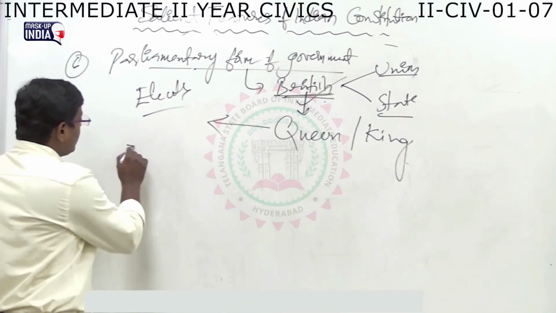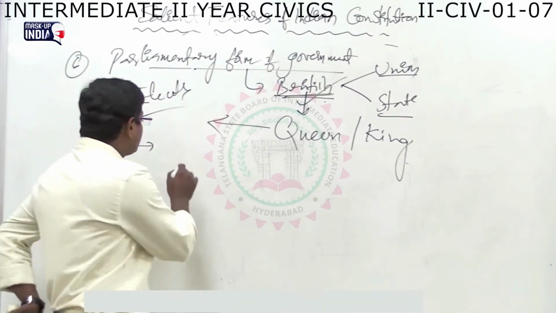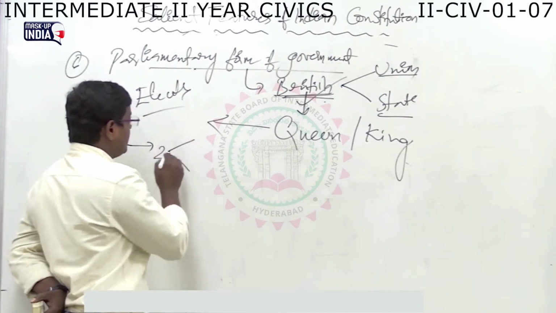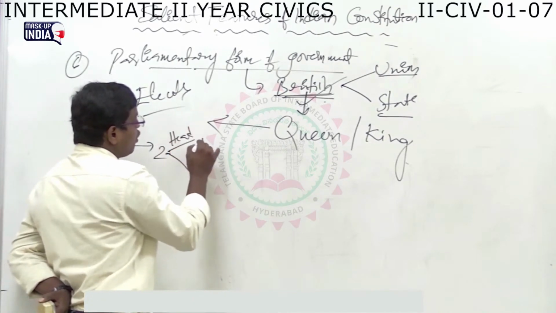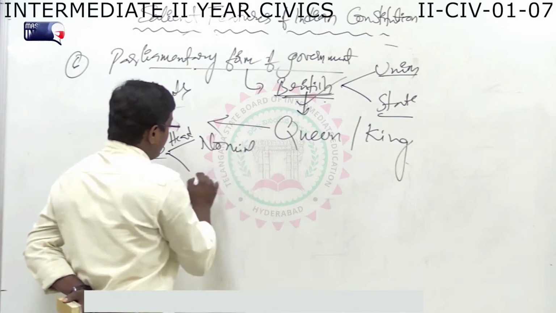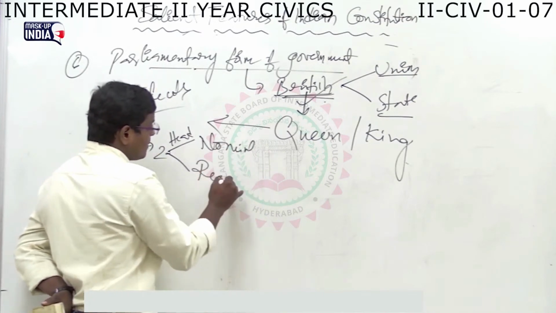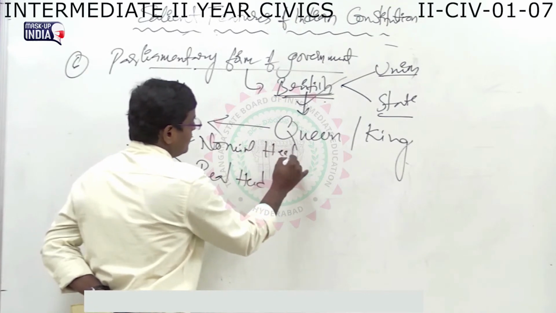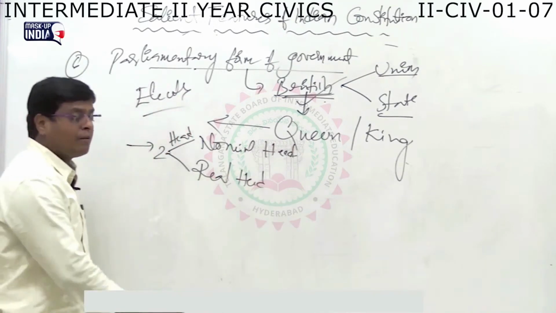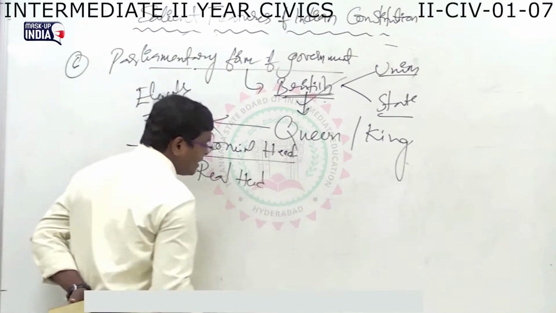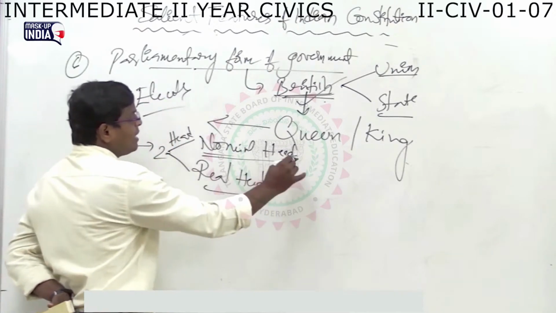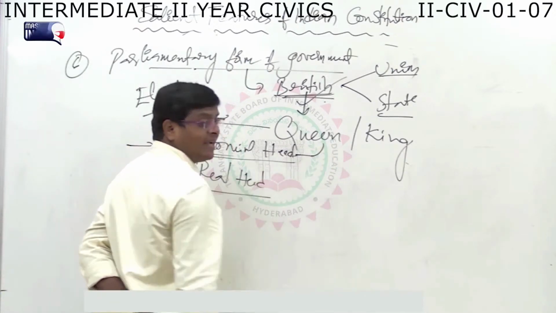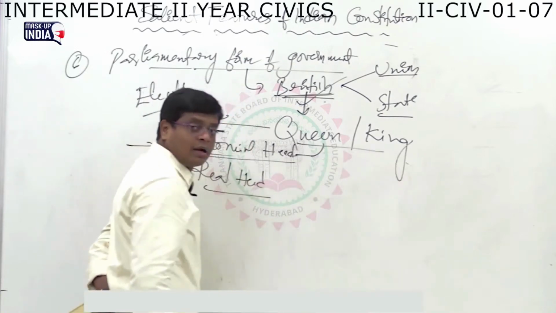And moreover, an additional feature is that there are two heads. One is the nominal head, another one is the real head. In the parliamentary form of government, the basic feature is nominal head and real head. Who is the nominal head? In England, the Queen or King.